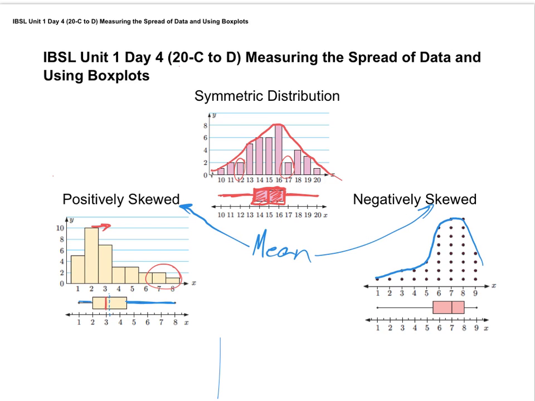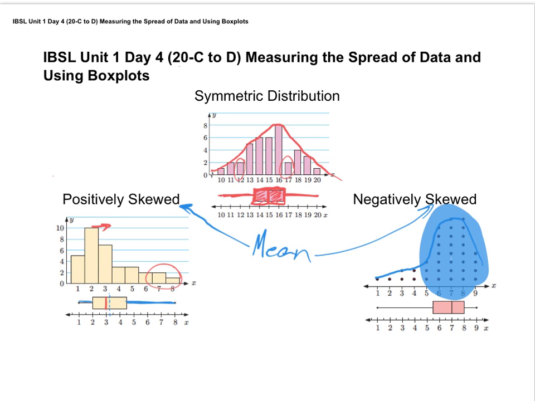When we're talking about skewing, we're talking about what's happening to the actual mean. All right? So we have this collection of data up here. That's where the vast majority of our data is.